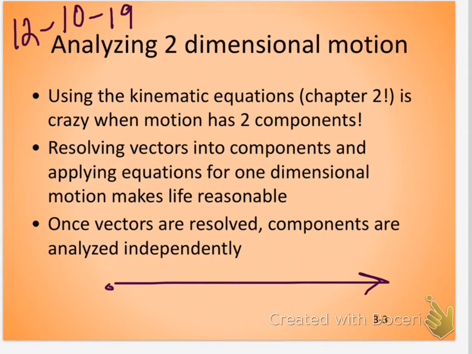The way we handle this little conundrum of ours is that we break apart the motion. Because guess what? You now know how to resolve something that's a resultant into its components. So we resolve all the vectors into components, and then we can use those equations that we have for one-dimensional motion on each axis.